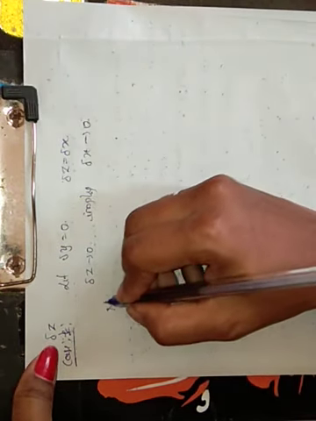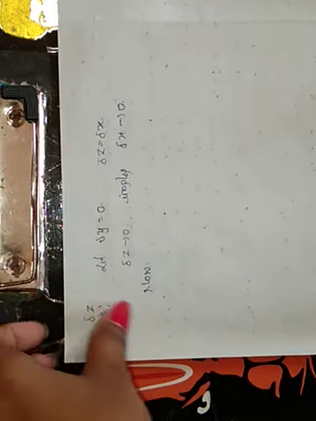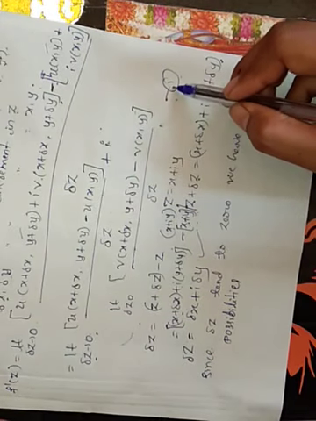So now we can write the equation. I am taking this as equation 1 and substituting that value in equation 1.